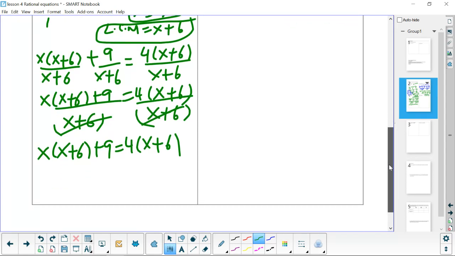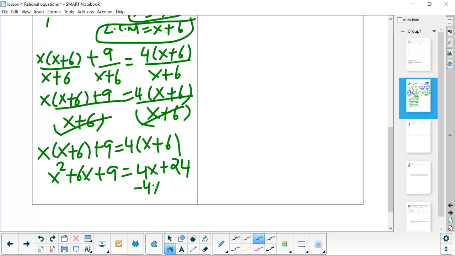Let's open the brackets. So x times x is x squared, and x times 6 is 6x. And on the right side, we have 4x plus 4 times 6 is 24. Let's combine the like terms.